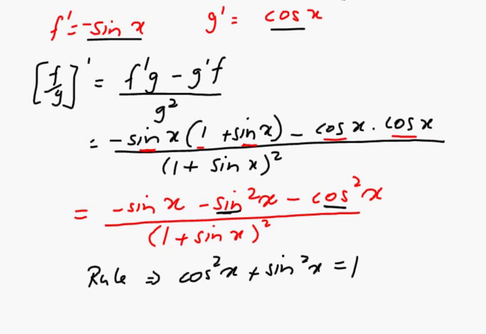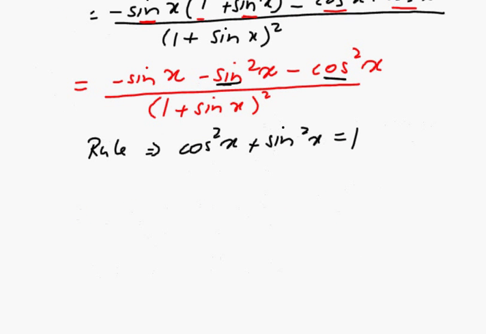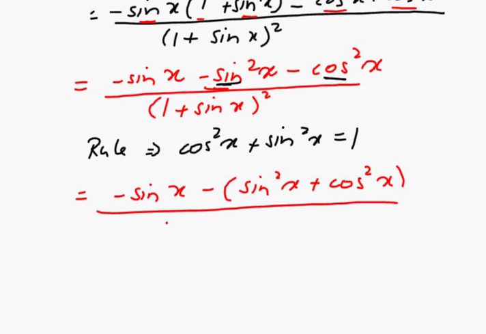So we can now try to simplify it. We had minus sine x, and we can bring out the negative from the others. I'm left with sine squared x plus cos squared x over 1 plus sine x, whole thing squared.